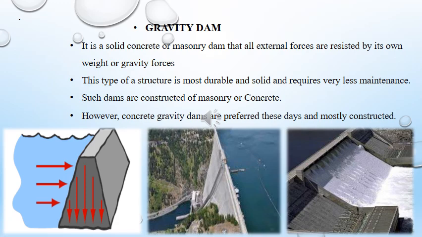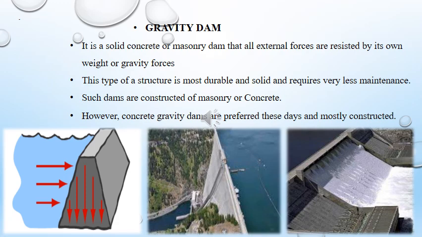Gravity dams are suitable for a U-shaped valley or gorge having steep side slopes, where solid rock foundation is encountered at a reasonable depth of about 10 meters.